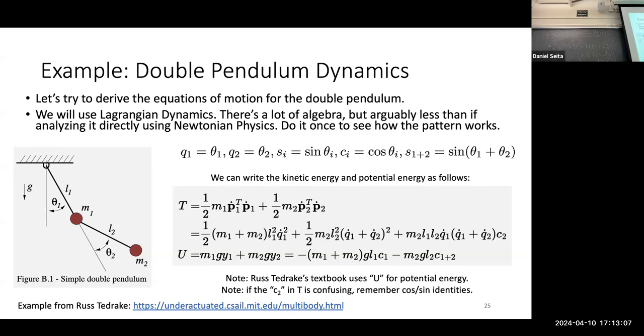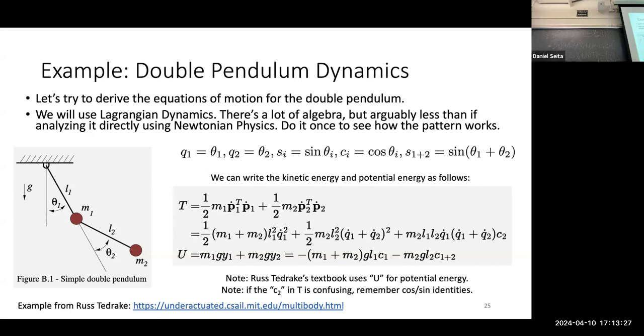Is there a typo? Yes, sine one cos two, one cos two, shouldn't there be a plus sign there? Oh, really? I wouldn't mind checking my knowledge.